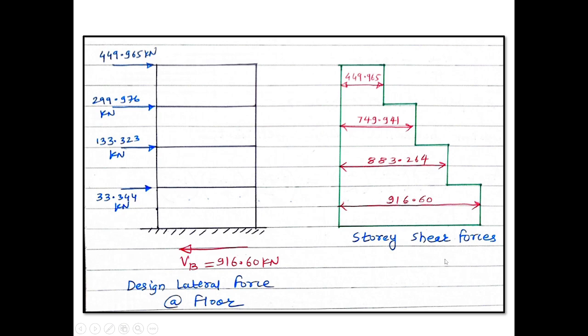Again we can show the story shear force as shown in this diagram on the right. So again it is 449.965, and then cumulative when we add, these are all the story shear forces. At the bottom it is maximum, that is 916.60 kilonewton. That means here we distribute the base shear into various story shear forces.